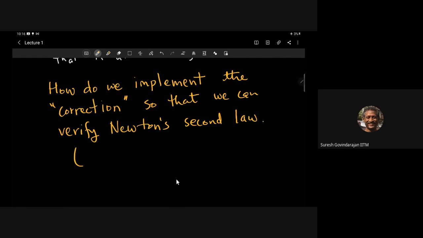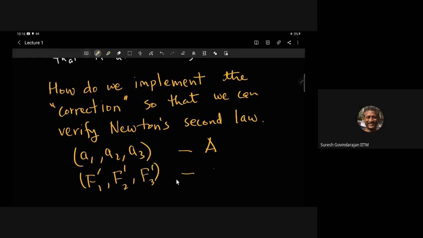Okay, so let's now. Both mean the same coordinate system is the Cartesian coordinate system. Yeah, they are Cartesian, yes. Let's assume they are Cartesian. This is Cartesian. This is measured by A, but what is measured by B is F1 prime, F2 prime, F3 prime. Correct.